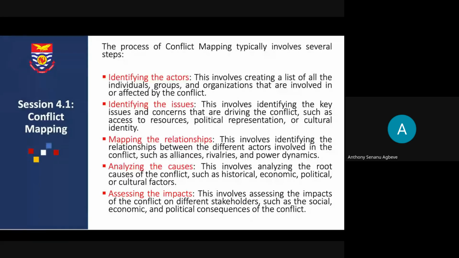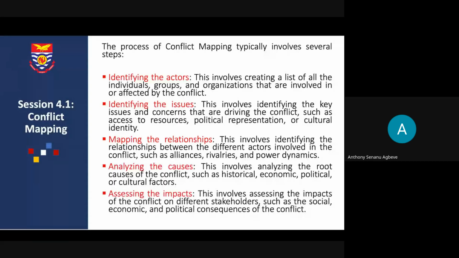So if you take the Boko conflict, the Kusasis and the Mampusis, and you are mapping the relationship, what would you say the relationship is? Are they rivalries? Were they once, at a point in time, close allies? What happened that led to them being rivalries now? So the conflict mapping will be able to bring out those kinds of relationships, right?